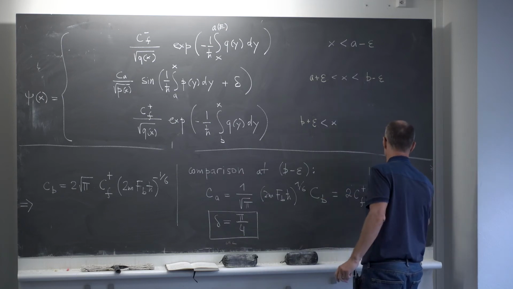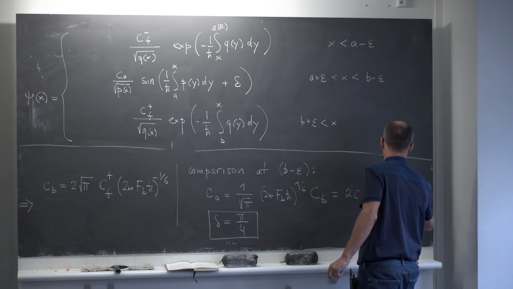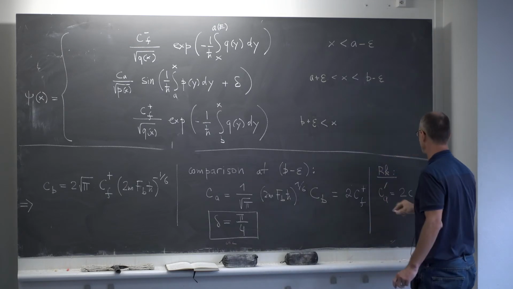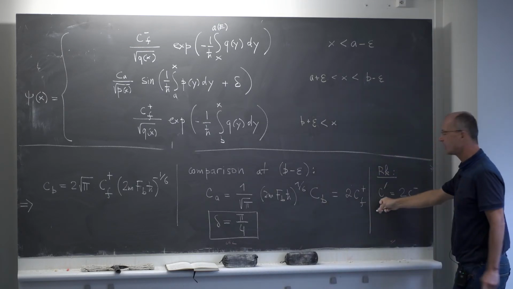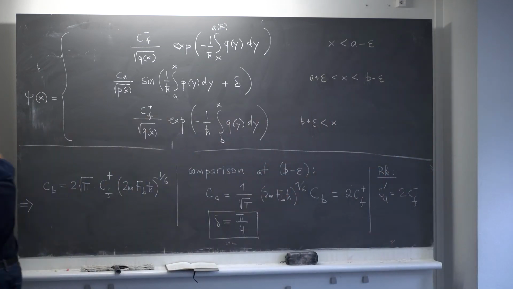So C allowed will be equal to, or maybe let me call it C allowed prime, twice CF minus.